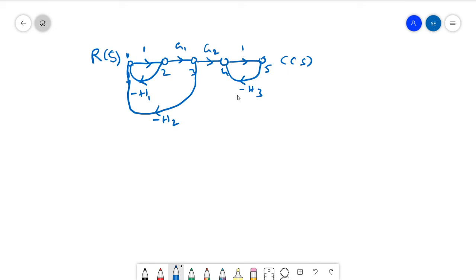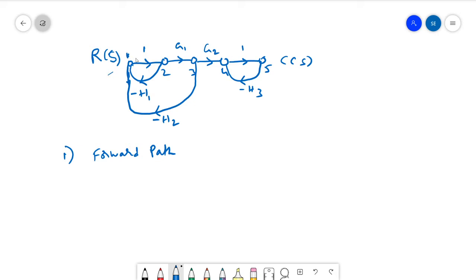What we need to get is the transfer function C of S by R of S. First step is to check the forward path. If you observe in this signal flow graph, there is only one forward path. A forward path connects the input to output.